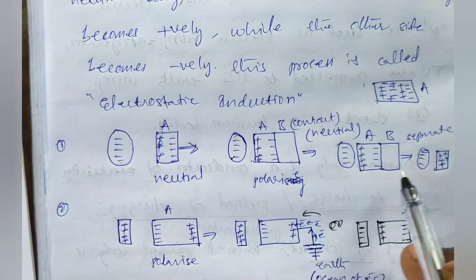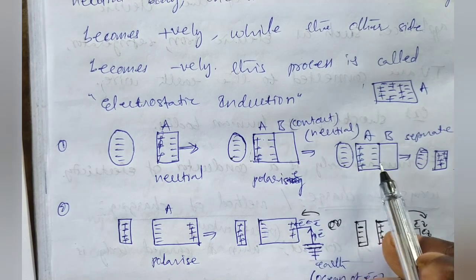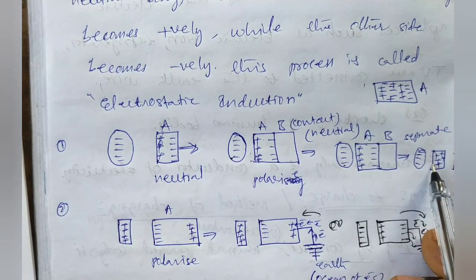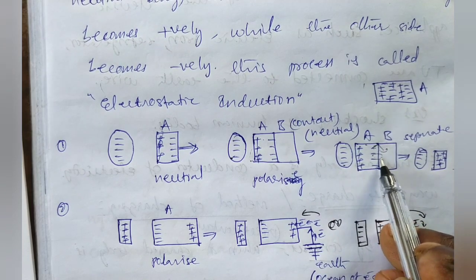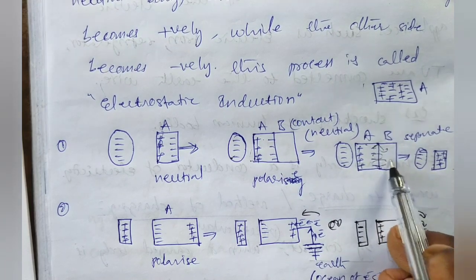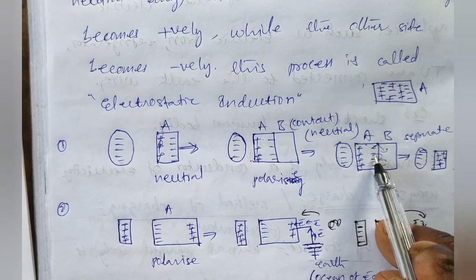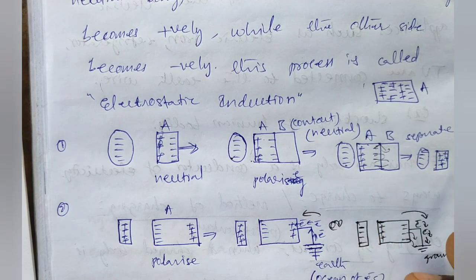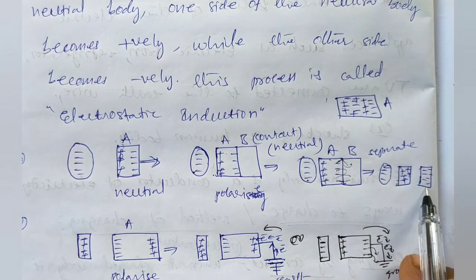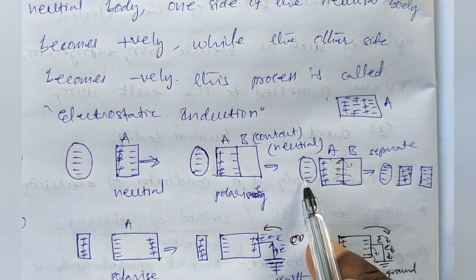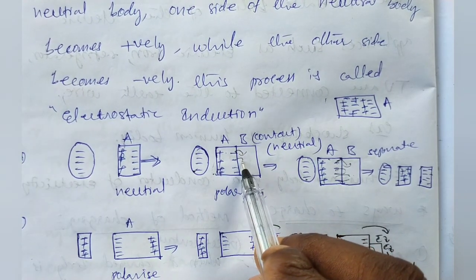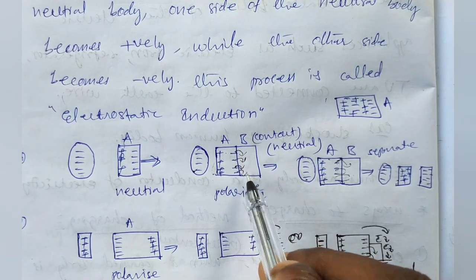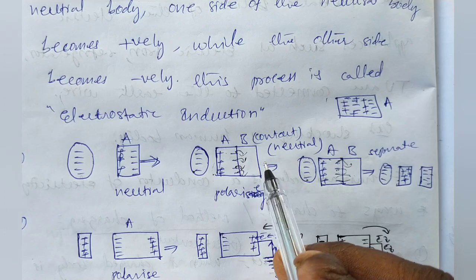The negatively charged first body gives charge to the second neutral body, and the charge carriers are transferred to the other neutral body, so the net charge is neutralized. There is a positive side and a negative side. The negative charge is moved to the other body by contacting.